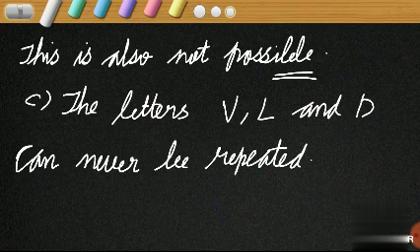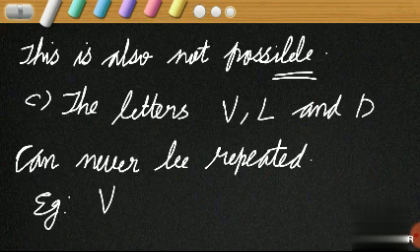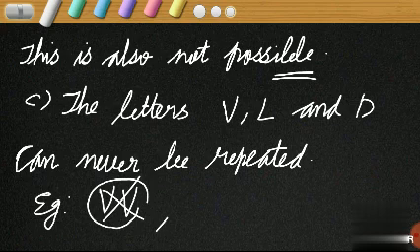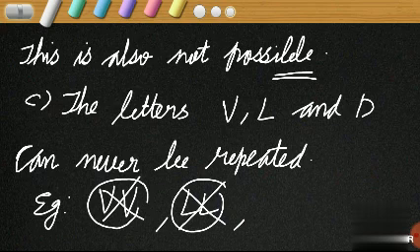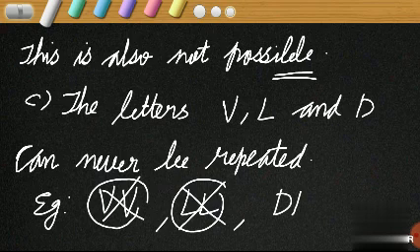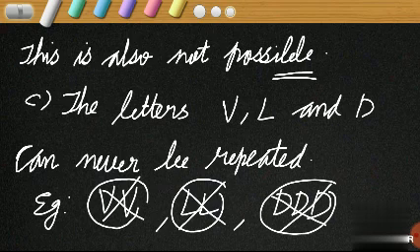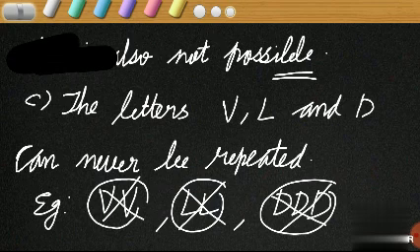Very, very important. Example. We can't write VV. Okay. LL, wrong. That also we can't write. DD. Can we write like this? No, this also we can't write. Have you understood?